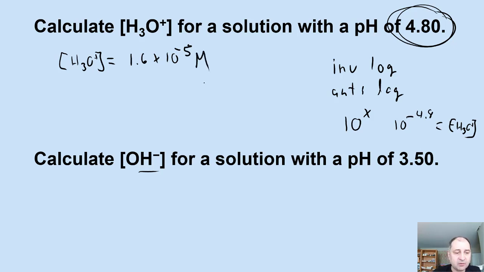And if I give you the pH and ask for the hydroxide ion concentration, there are a couple of ways you can do that. You can calculate the pOH and then do the inverse negative log. So let's do that first.